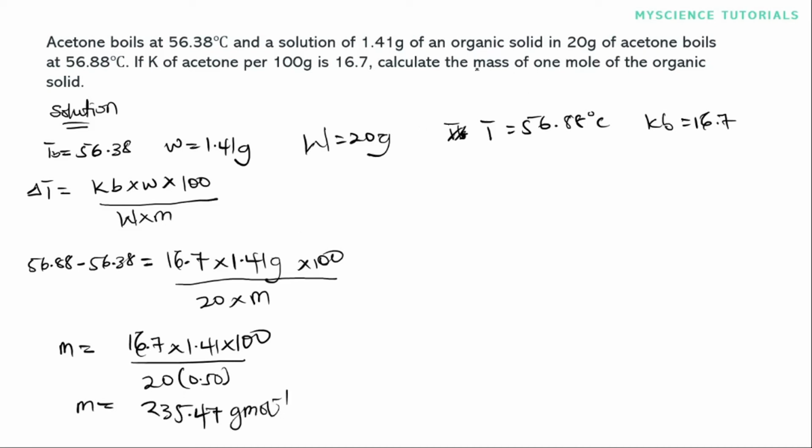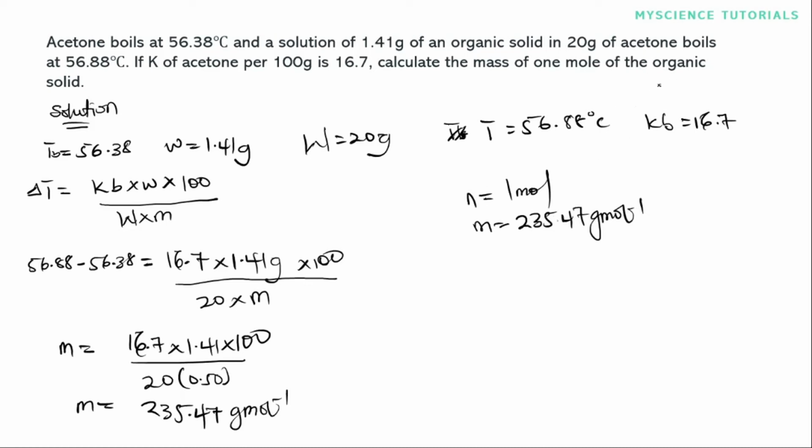And now the question is telling us to calculate the mass of 1 mole of the organic solid. So we now have the molar mass of the solid, and we know that the mole is 1 mole, and we have the molar mass equal to 235.47 gram per mole.